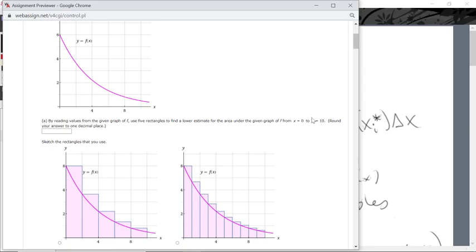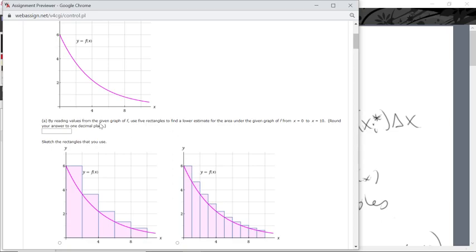This is B, this is A, so we have A to B, and n is equal to 5. So the width of each rectangle would be (B minus A) divided by n. You can draw in your 5 sub-intervals along this axis, and then you can associate the height of each rectangle up to the function. Okay, so I'll start with the first one.